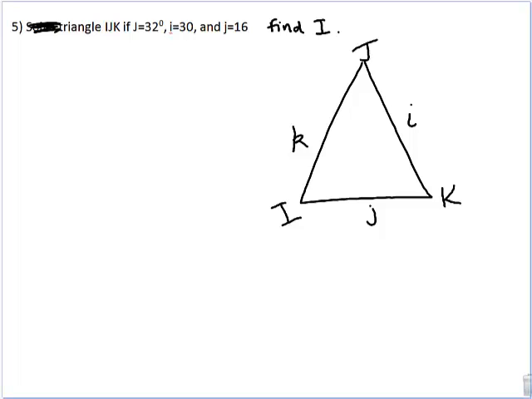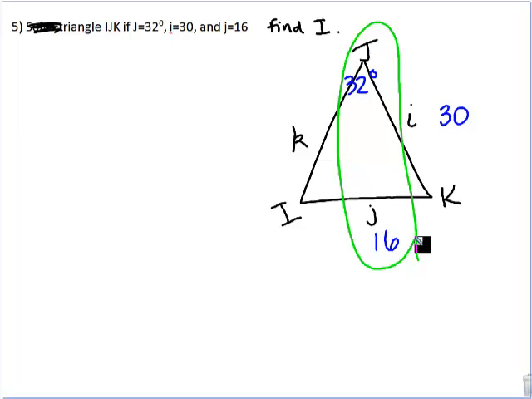Okay, so J is 32 degrees. Side I is 30. Side J is 16. So which angle and side opposite do we know? We know the 32 and the 16.